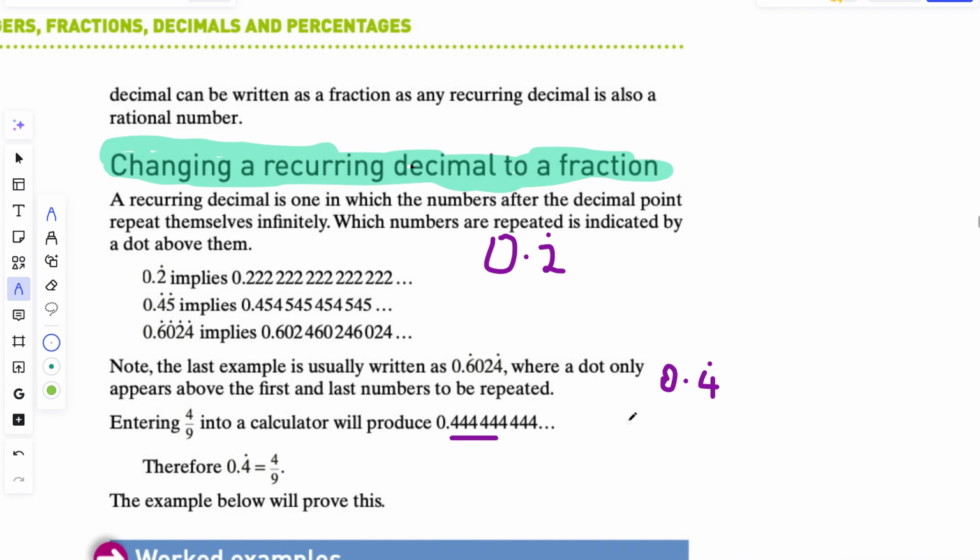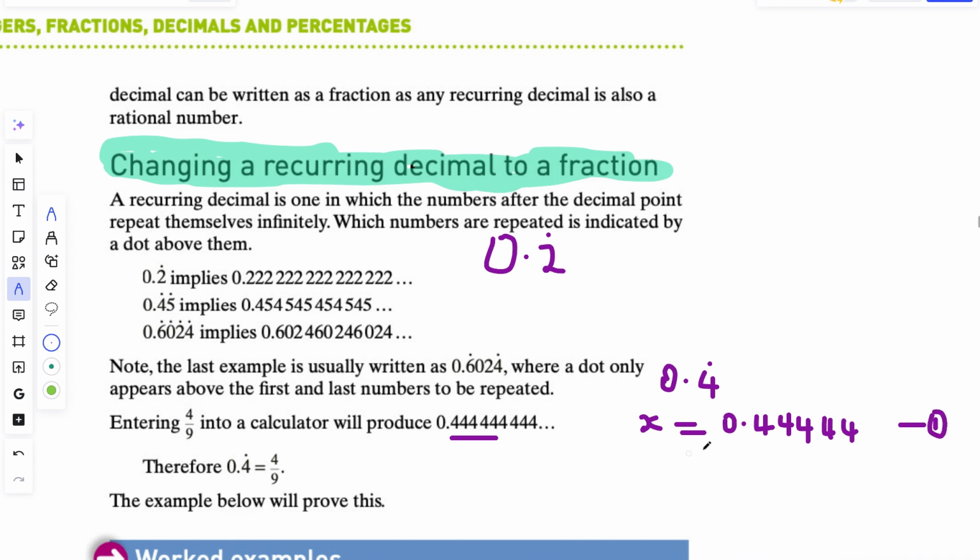What you do, you say let x equal to 0.4444. You can write it as many times as you like before you put the dot, it's up to you. Okay, that's x. You can call it equation 1.